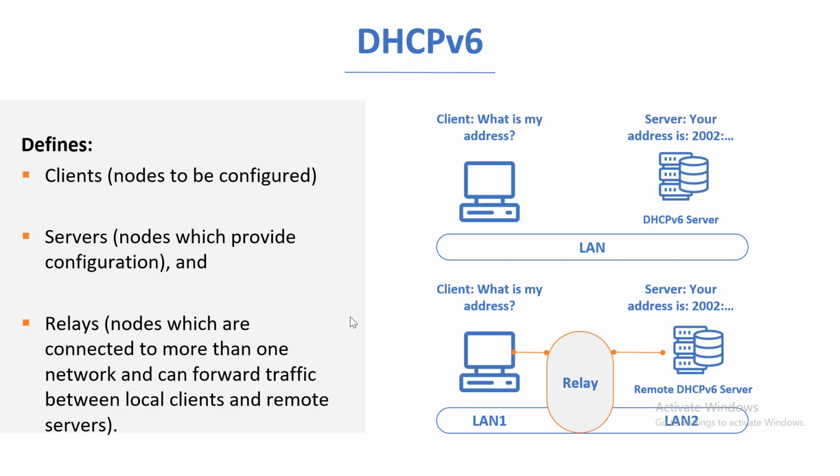And then potentially relays, who are going to be talking to more than one thing. So let's talk about clients. That's going to be your endpoint. And when we say endpoint, what we really mean is that interface.